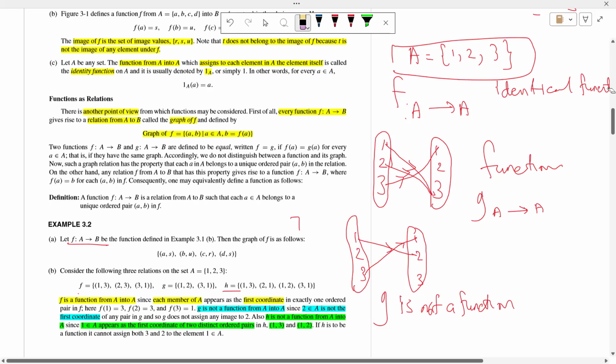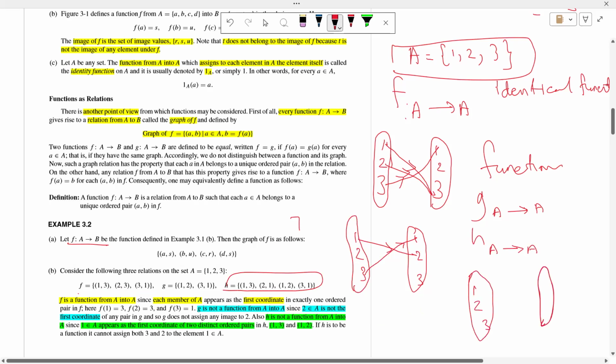So this is the way we can find out whether it's a function or not, when they give it in the function or relation form. Now they are telling us H is a function. H is also an identical function from A to A, right? Then we can draw 1, 2, 3 here and 1, 2, 3 there.